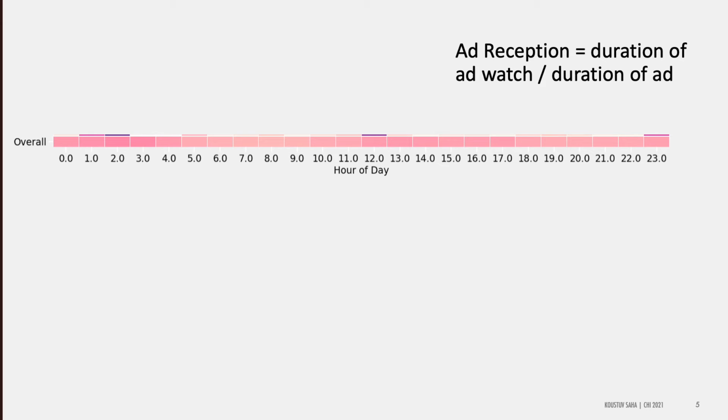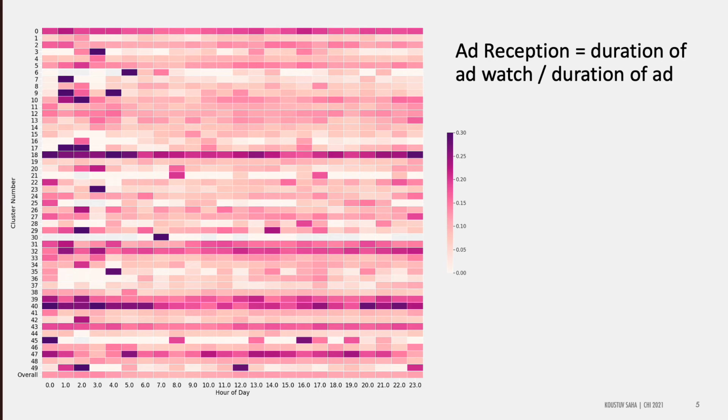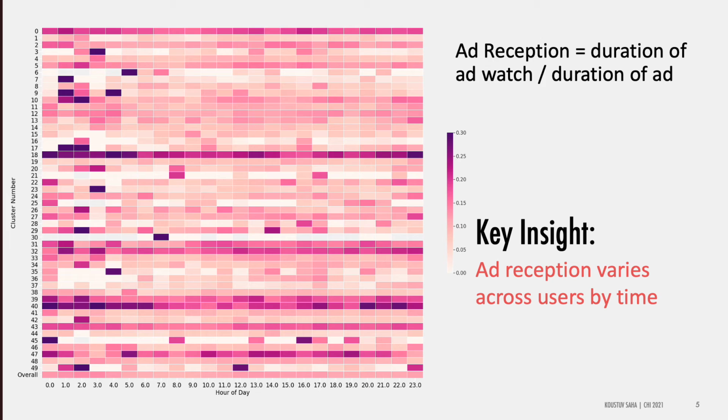So we clustered users on their aggregated activities such as how much they visit the platform, how much time they spend, or what are the usual activities and engagement patterns that they have. So plotting each cluster along vertical axis, we find that light and dark shades are distributed differently both within and across the clusters. And the key takeaway here is that ad reception and preferred hours of watching ads vary across users by hours of a day.